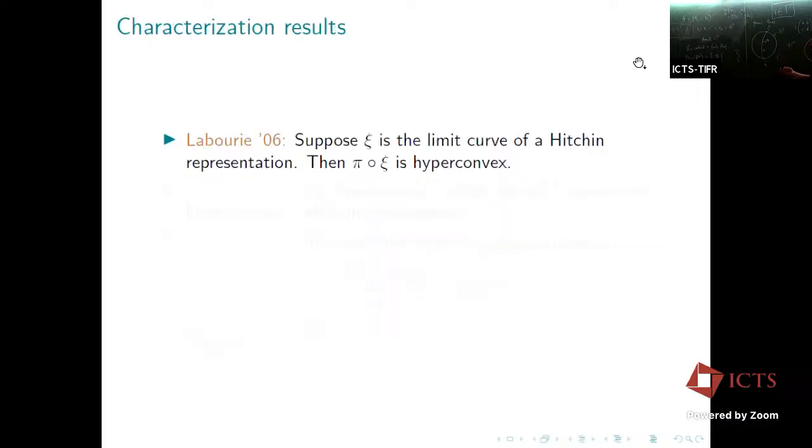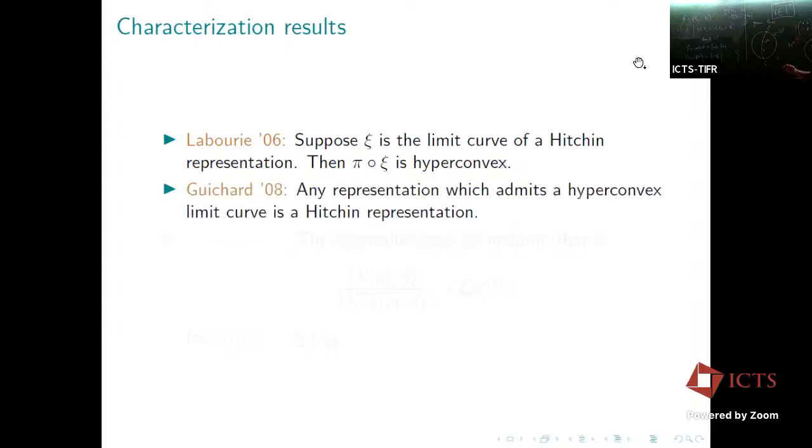And so what the characterization was: Labourie showed in 2006 that if xi is a limit curve of a Hitchin representation, then pi composed with xi, the first coordinate projection of the flag, is hyperconvex. And it was also shown by Guichard in 2008 that the other side is also true. If a representation admits a hyperconvex curve, then it has to come from the limit curve of a Hitchin representation.